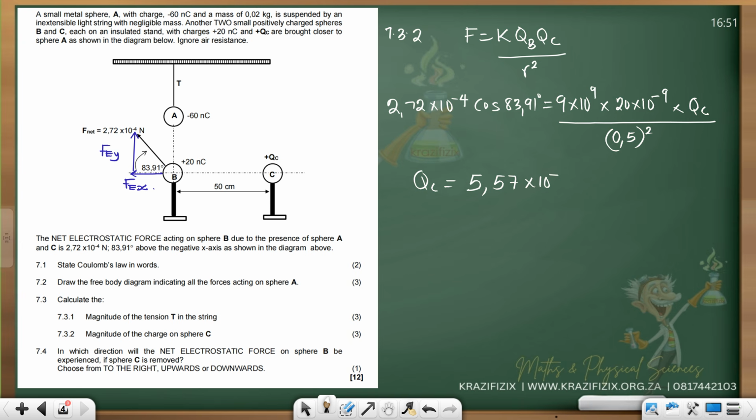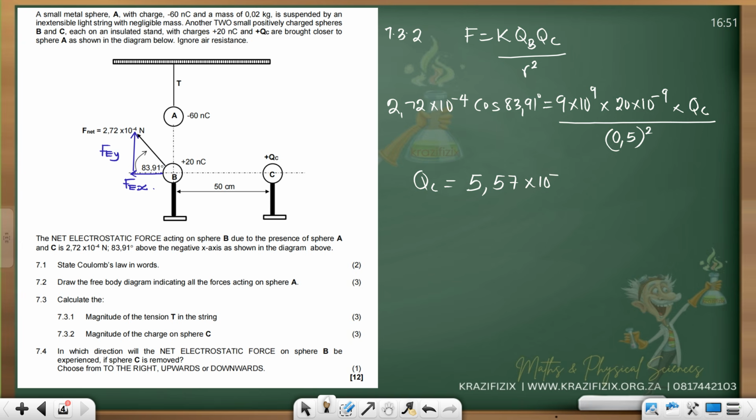Wait, what do you want to calculate? What's the aim of your Pythagoras? To substitute into normal Pythagoras, so then we still have QC as the unknown. You don't substitute the Q. Remember, if you are using Pythagoras, you're dealing with the F.